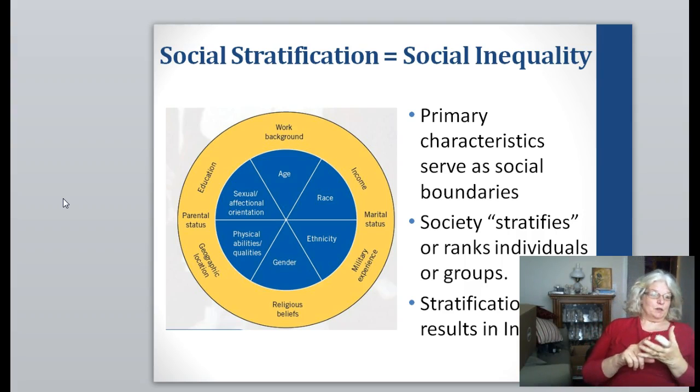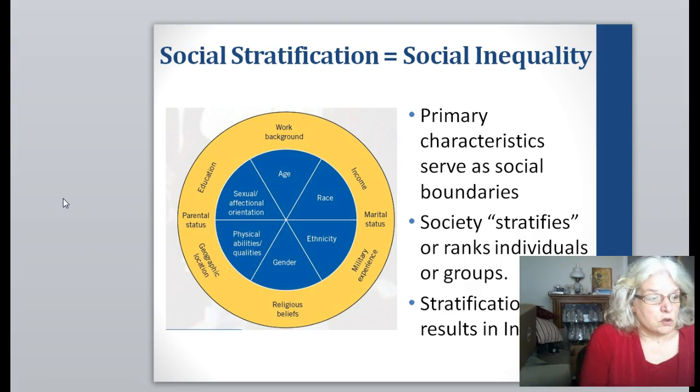Do you see already that age is a chapter and race is a chapter? Race and ethnicity are a chapter, and gender is a chapter, and I add physical abilities under medical for us to look at. And then there's sexual orientation, which is a chapter. All of these play into the social stratification.